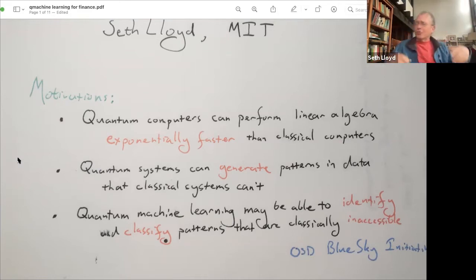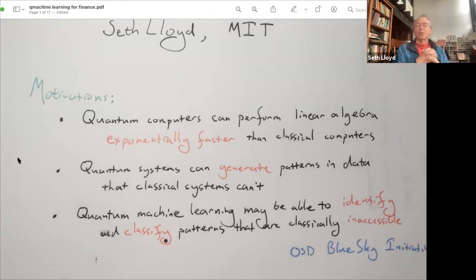They exhibit what Schrödinger called entanglement. More recently, people talk about quantum supremacy, in which quantum computers generate patterns classical computers can't. So quantum systems have been known for 100 years or more to generate patterns in data that classical systems can't.